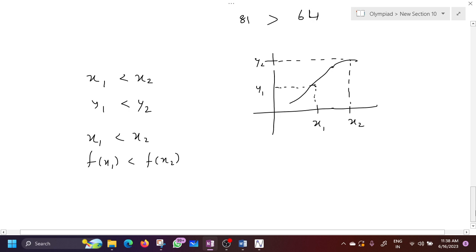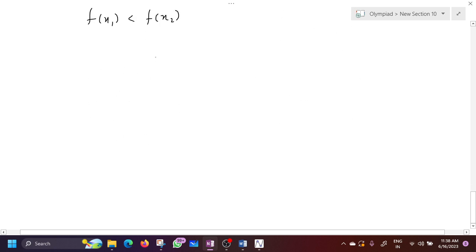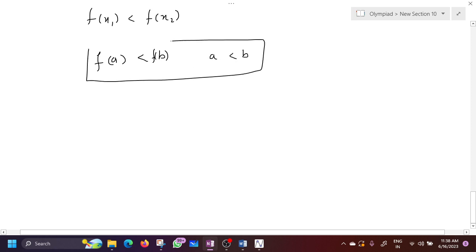What does it mean? Now what is our function? f(a) should be smaller than f(b) if a is smaller than b. This means a to the power 1 by a will be smaller than b to the power 1 by b, or you can say a to the power b is smaller than b to the power a.